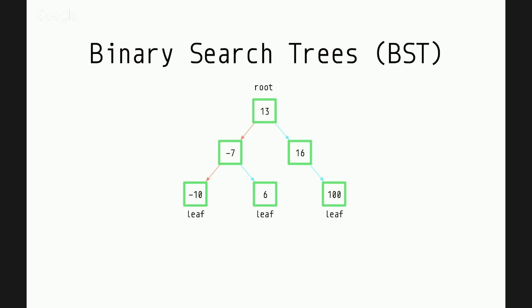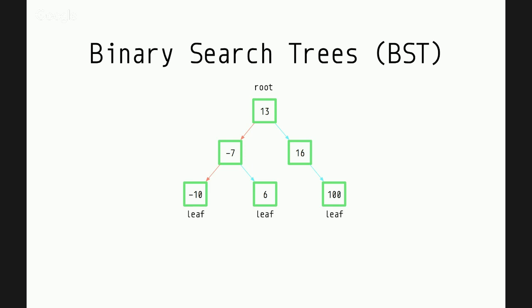So this is a binary search tree, and I'm not going to explain it yet, but I will in a moment. I'll leave this up for just a couple of seconds, in case anybody wants to guess what the structure of this thing might be, and we'll move on in a couple of seconds.